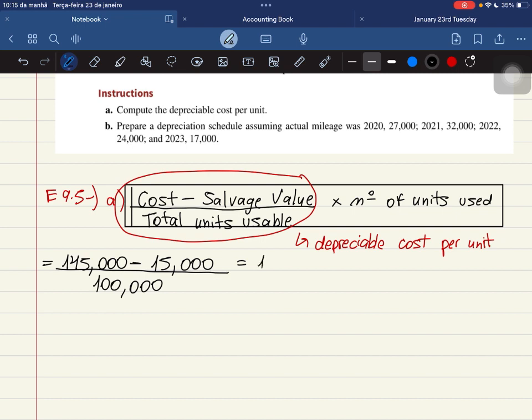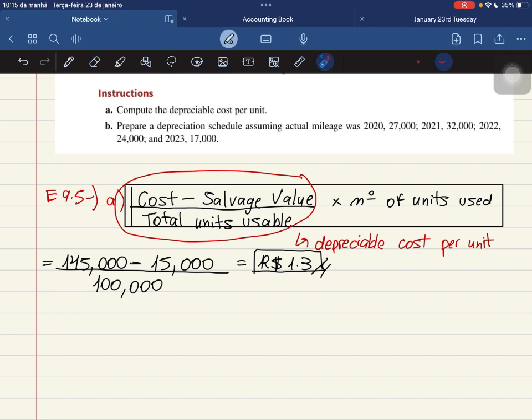And that gives us 1.3 reais per unit. This currency that I'm talking about is this one, okay? It's Brazilian currency. Anyways, this is the depreciable cost per unit.